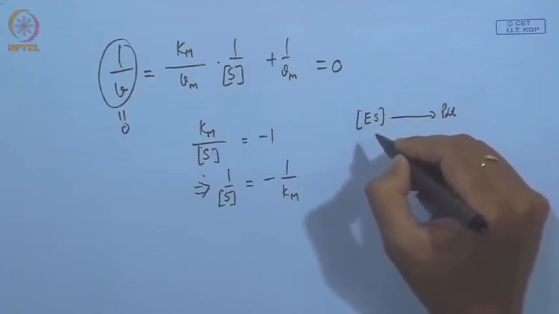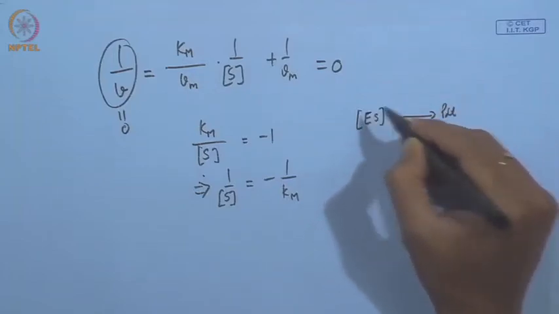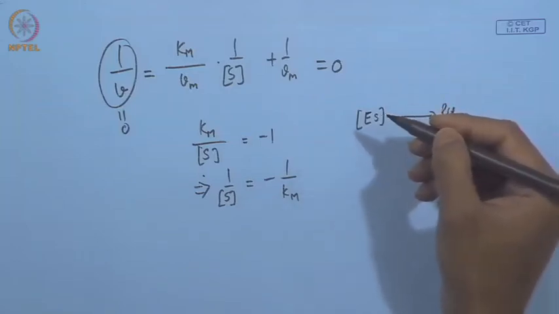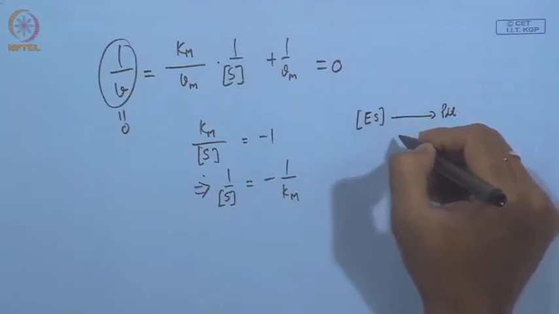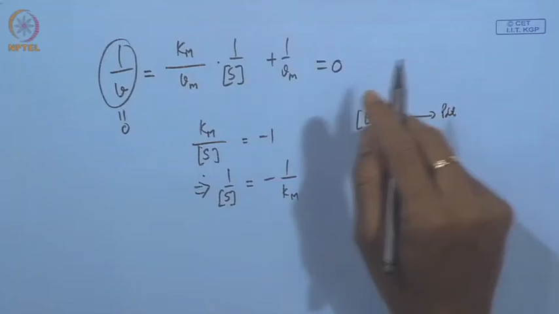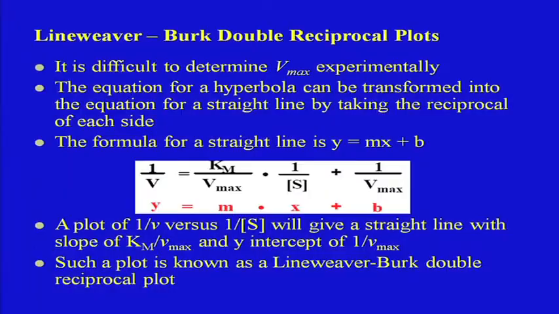So, the more substrate, the more it associates with the enzyme to produce ES, and the more the concentration of ES, the more is the possibility for product formation. Okay.